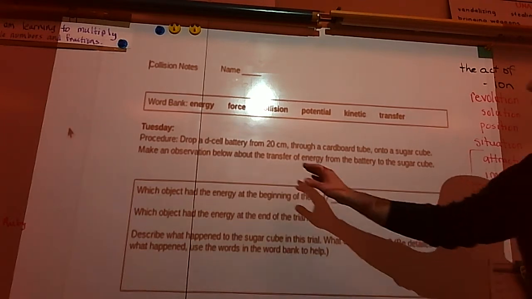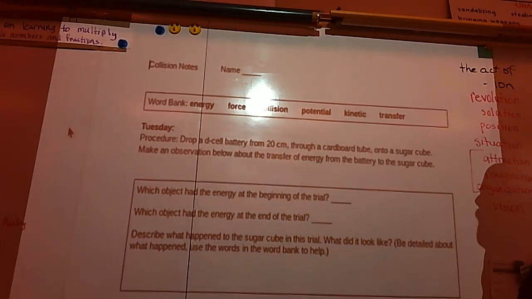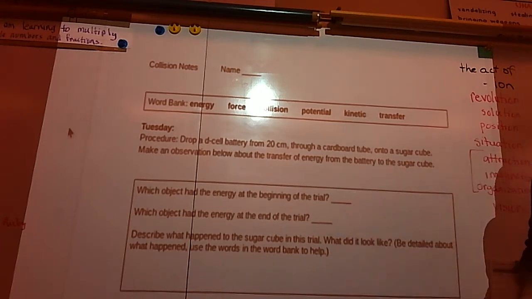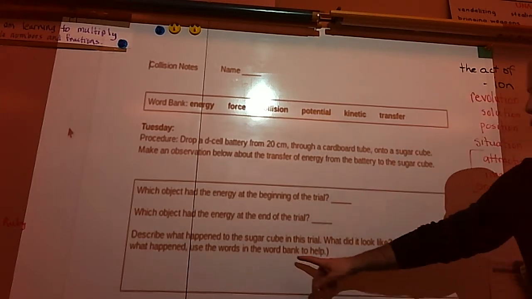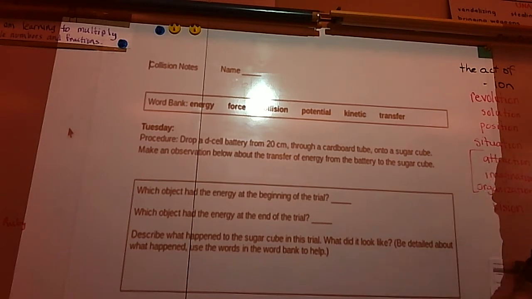The top of this paper says the procedure for Tuesday: drop the D-cell battery from 20 centimeters through the cardboard tube onto the sugar cube. Make an observation below about the transfer of energy from the battery to the sugar cube. So there are 2 questions here to answer about the object with energy and then the object with energy at the end of the trial. Where it says describe what happened to the sugar cube in this trial, what did it look like?